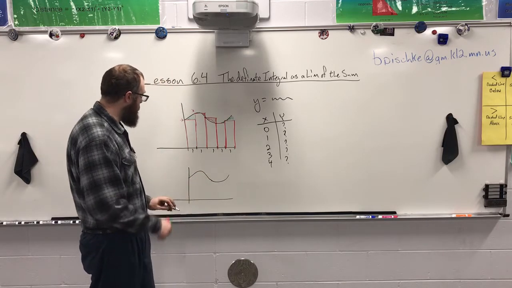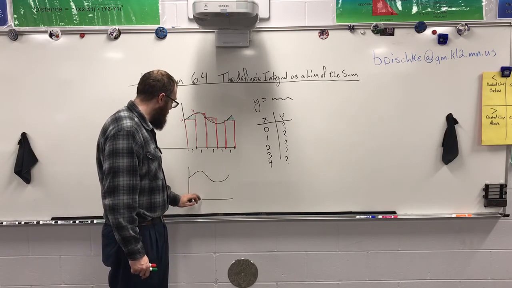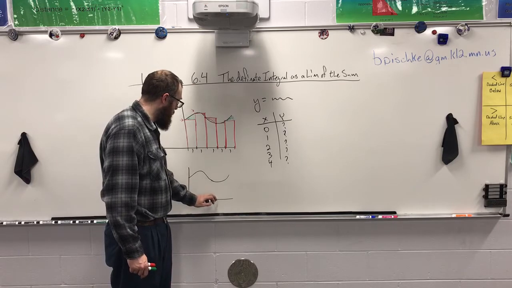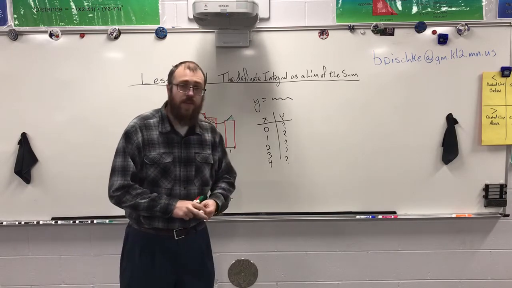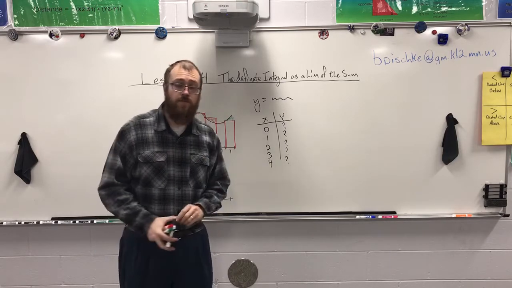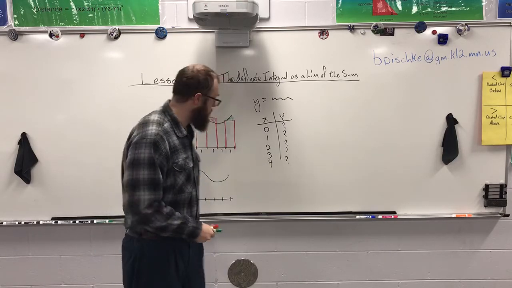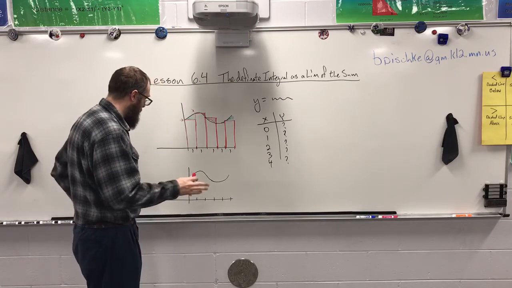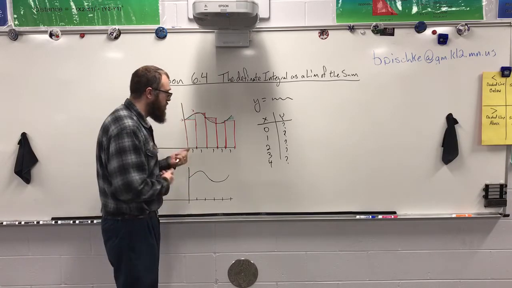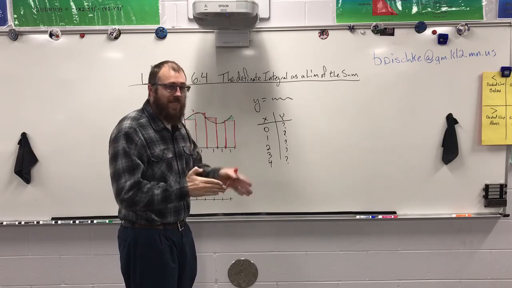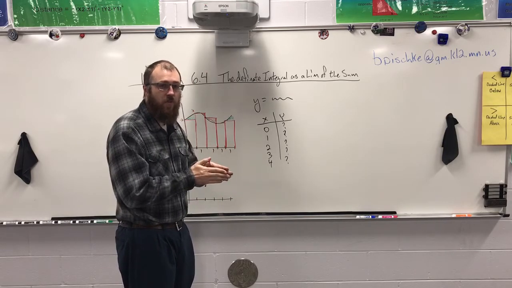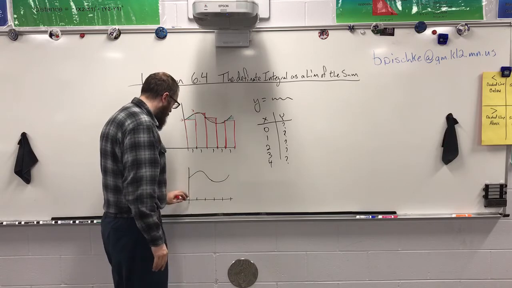What if I take that same curve and this time, instead of breaking it into 5 sections, because my units are from 0 to 5, I break it into 10 segments, making each rectangle I create only half a unit wide. Now what happens?